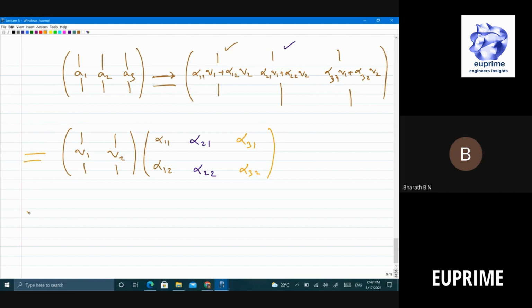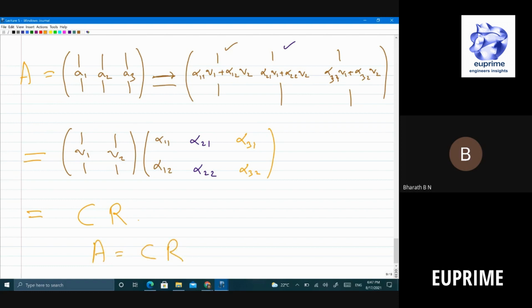So let's look at this. Let me call this the C matrix, and this coefficient matrix R. Do you agree with this? Fine. So basically A is equal to CR.